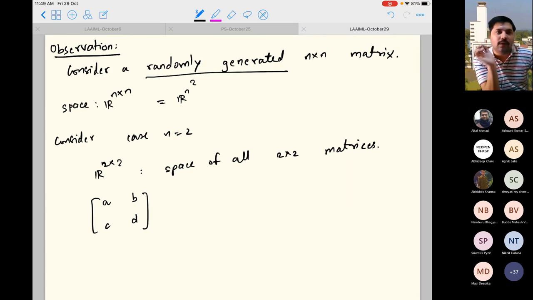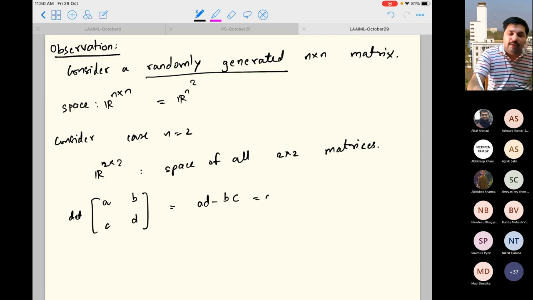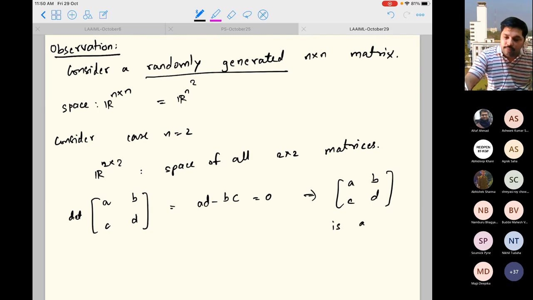So when is the matrix singular? When the determinant is equal to 0. The determinant of this matrix is AD minus BC. If this is equal to 0, that means this matrix is singular or non-invertible.